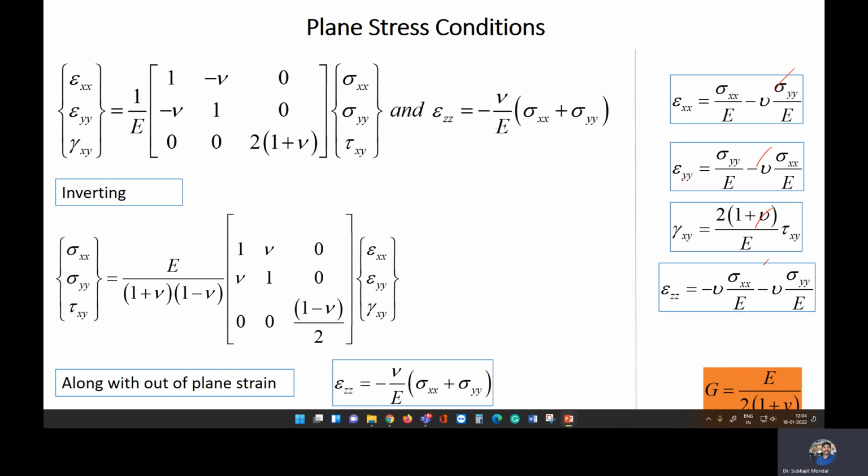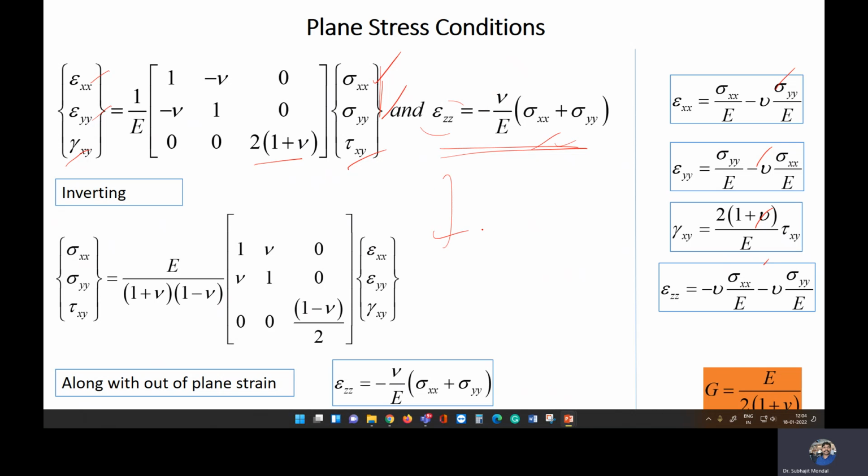Now if we try to write these in matrix form, we can write our plane stress condition in that format. Epsilon xx, epsilon yy, gamma xy equals 1 by E times the matrix 1, minus mu, 0; minus mu, 1, 0; 0, 0, 2 into 1 plus mu. On the right side there will be our stress condition for the plane stress, and we will have our out of plane strain condition here.